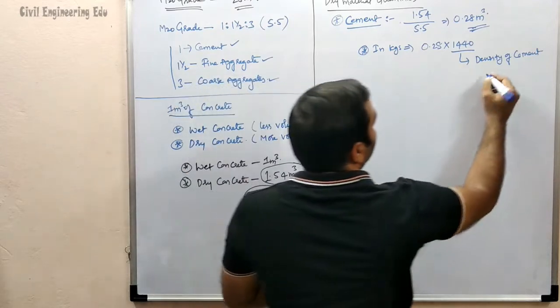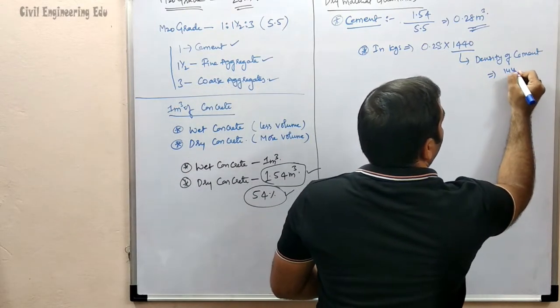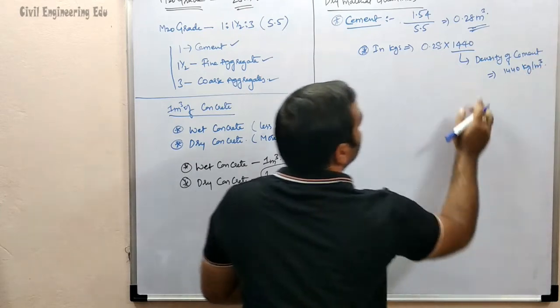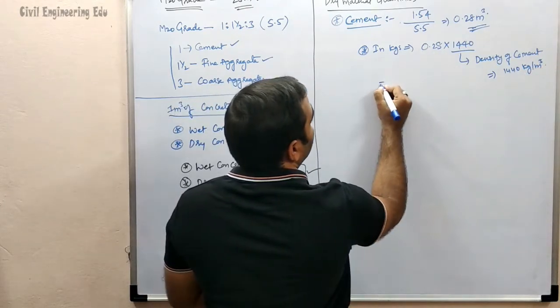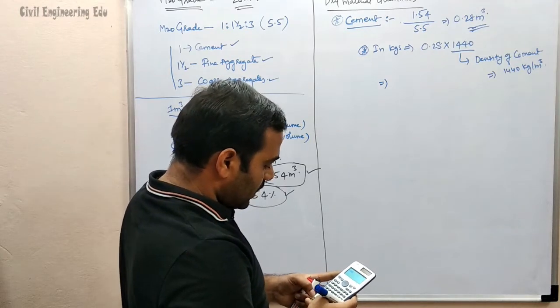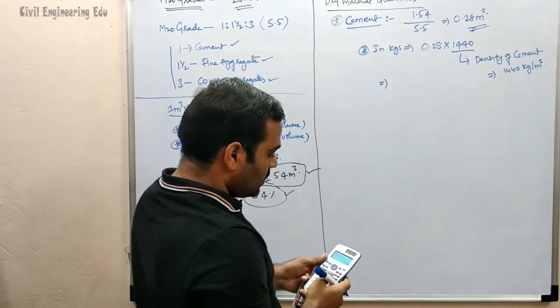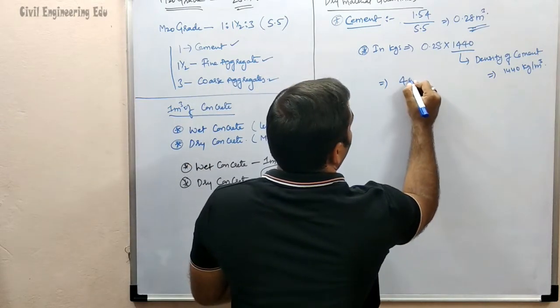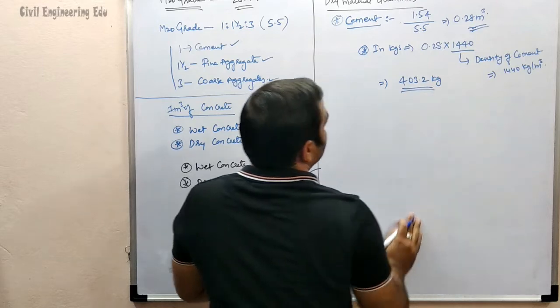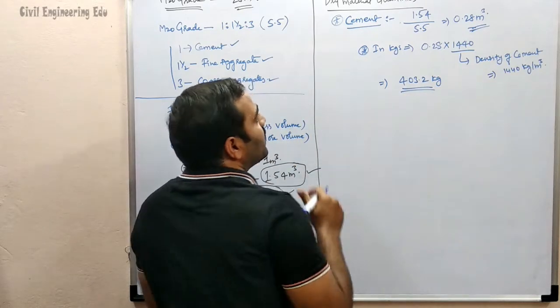So density of cement is 1440 kg per meter cube. So that's why I have taken 1440. So how much I will get? So 1440 into 0.28. This will be 403.2 kgs. So this is our solution in kgs.